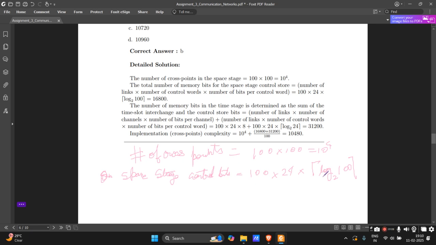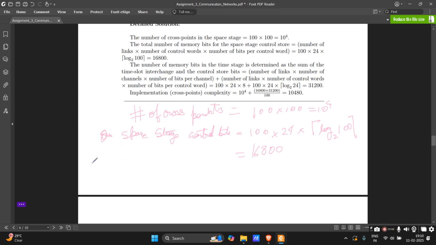Because you have 100 outputs, you have 100 choices, so you need a log base 2 of 100-bit word to represent your choices. So this will come out to be 16,800. Next is time stage memory bits.